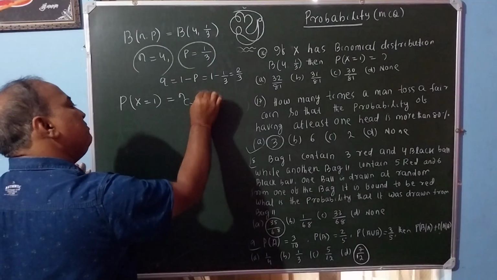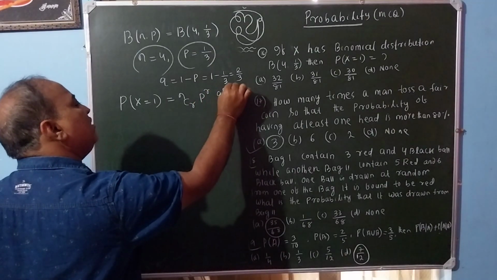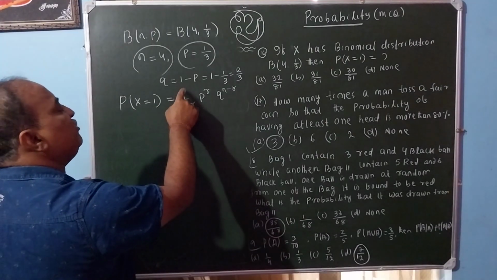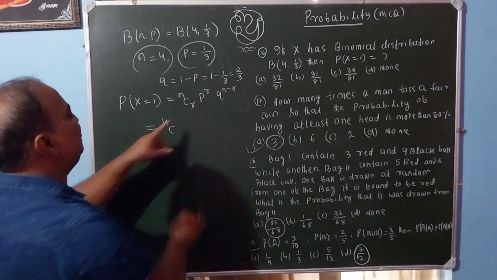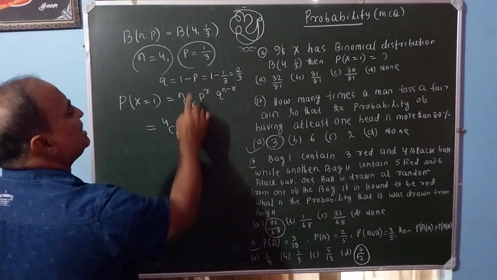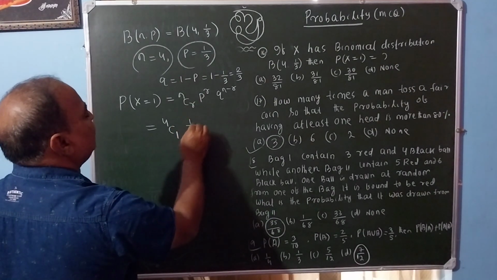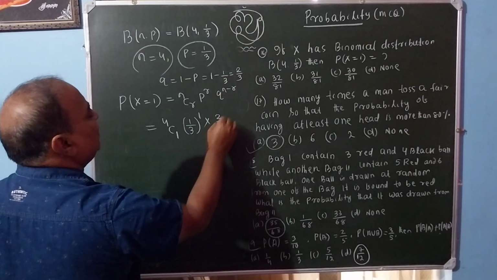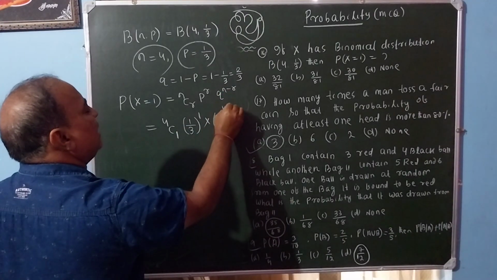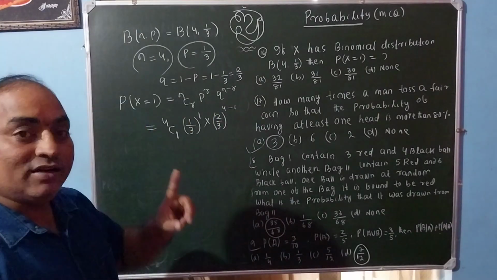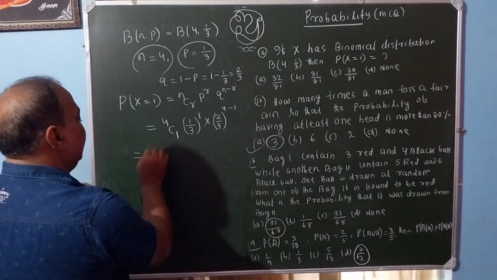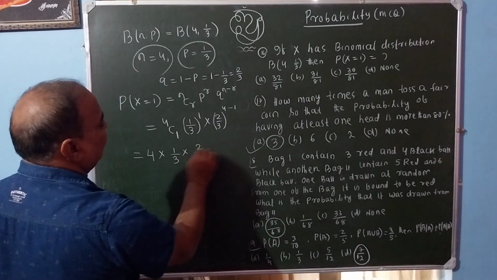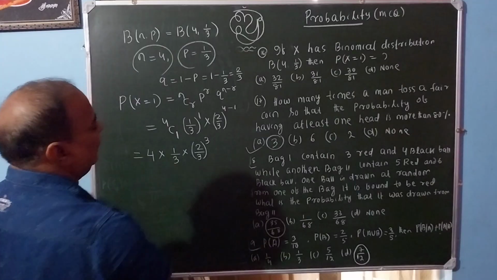nCr, p to the power r, q to the power n minus r. So r is equal to 1, n is 4. So it is 4C1, p is 1 by 3 to the power 1, q is 2 by 3 to the power 4 minus 1. 4C1 is always 4. Write it down: 4, here 1 by 3, here 2 by 3 to the power 3.